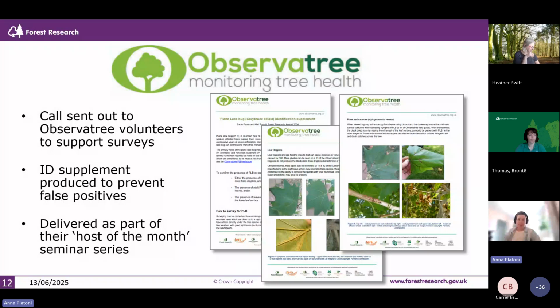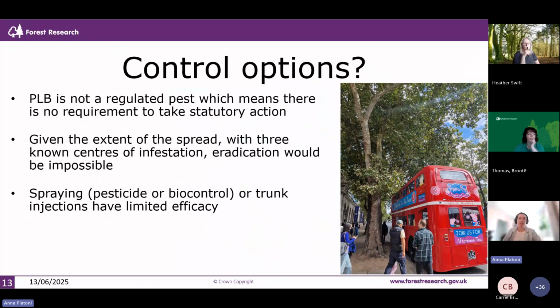So, control options. It's not a regulated pest, and that means that there's no statutory requirement to take action. We know that there are now 3 centres of infestation that we found, so it looks like there are strong centres and then areas of lower density surrounding these areas, and then this other extra sighting.